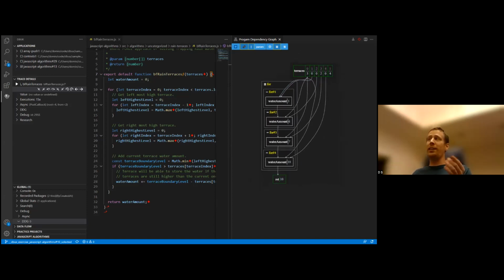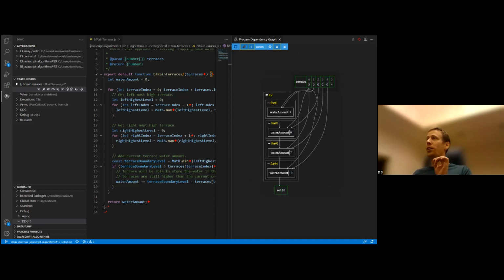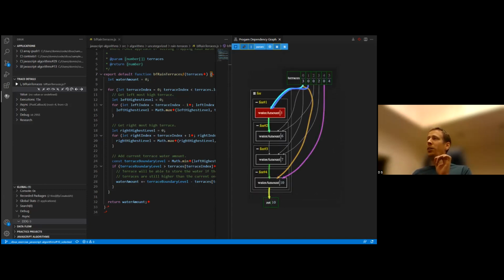Now you can see exactly what each iteration of the for loop did and how much it contributed to the final result. So the final result is, again, 10. Why? Because, well, the first step, actually, it's the second step. As you can see here, this is iteration number 1. Iteration number 0 did not contribute anything, so we don't see it.